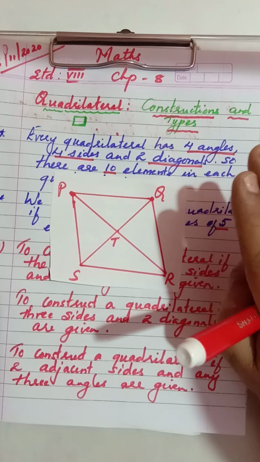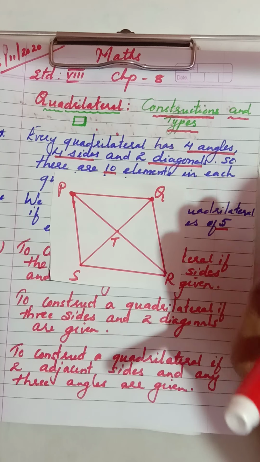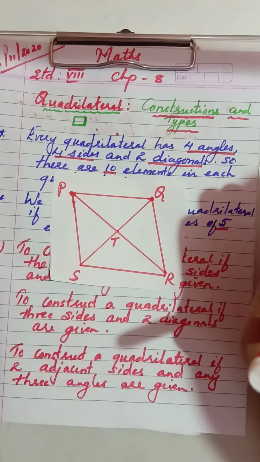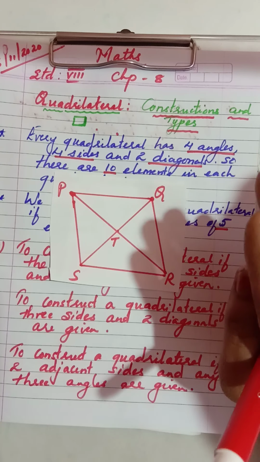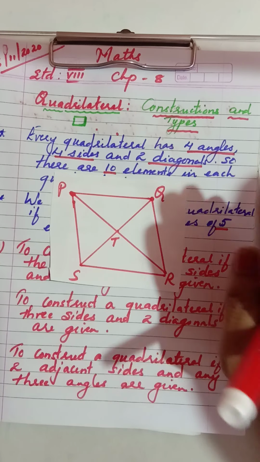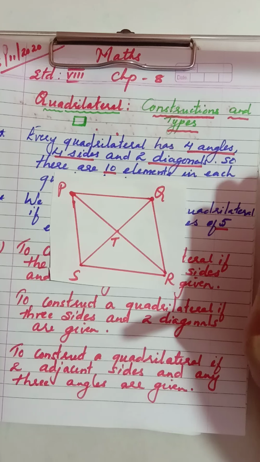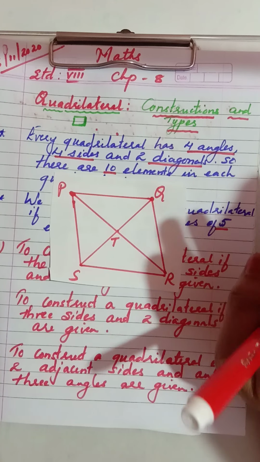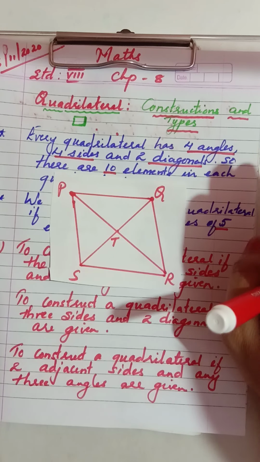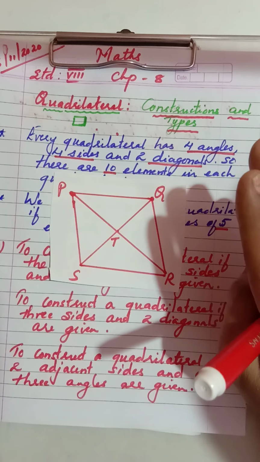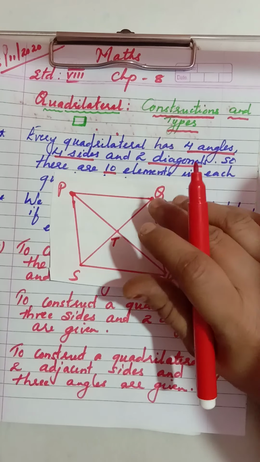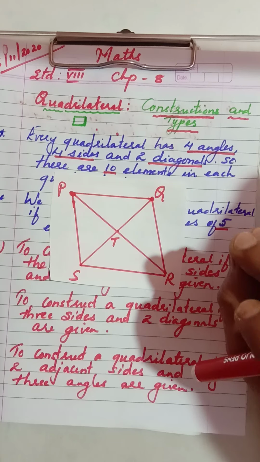Children, last year in 7th standard we learned to construct triangles. In the first condition all three sides were given; then two sides and one angle were given. As per the condition, we constructed triangles in 7th standard. This year you will be constructing quadrilaterals. I hope the meaning of quadrilateral is clear.